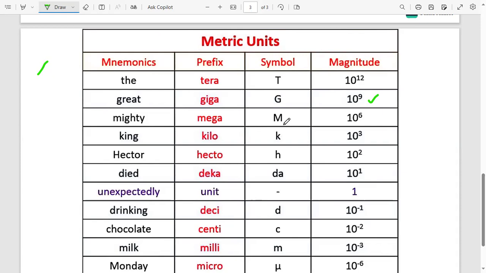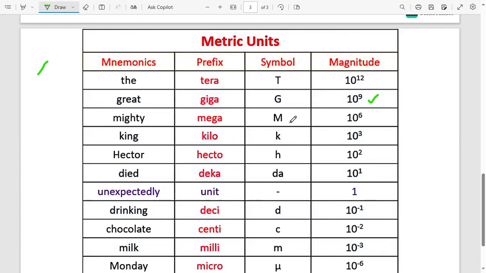We have mega that represents 10 to the power 6. This mega is the same as a million. If you can see on Facebook, if a post reaches maybe 1 million likes, they write a capital M there. That means 1 million.